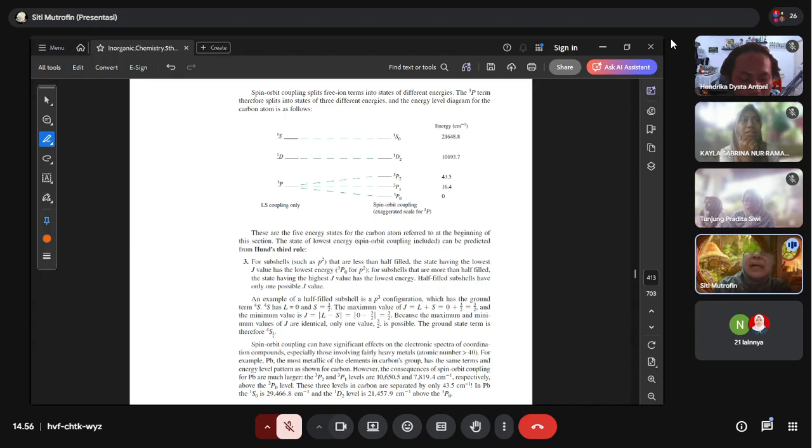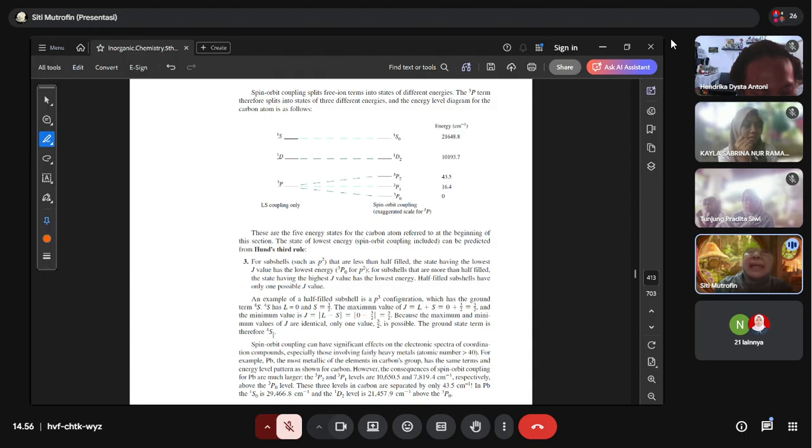Okay, Tunjung, maybe you are confused about why the P free ion terms reduced into 3 terms. That is the first question. The second question: how do we find the G value?